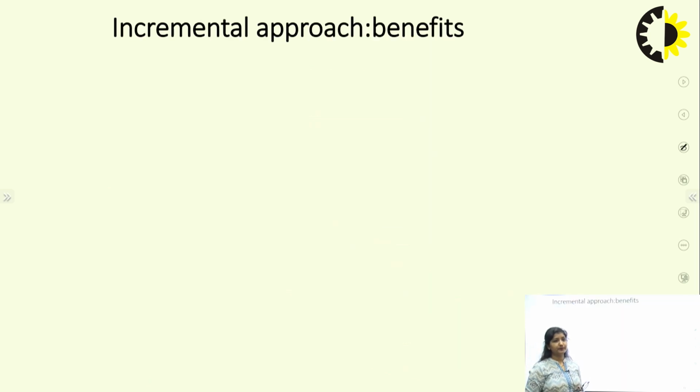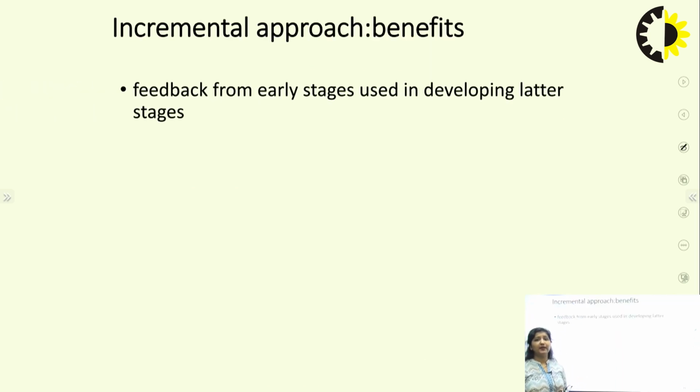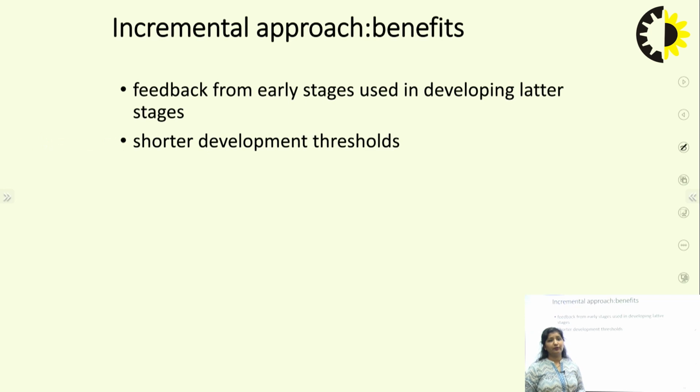Next are the incremental approach benefits. What are the benefits of this particular approach? The first one is that feedback from early stages is used in developing the later stages. Since we have seen that at every stage we get feedback, what is the advantage of having feedback at every stage? After getting the feedback from every stage, we are safe to go into the next stage.